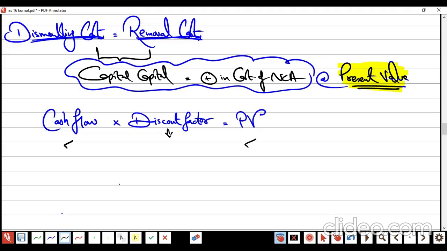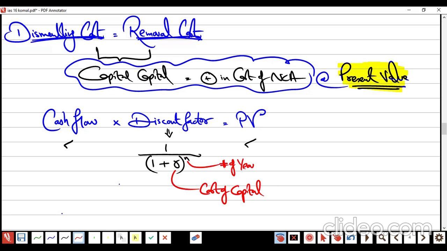How to calculate it? The formula is 1 over (1 plus r) to the power n. R is the cost of capital, or any rate of interest; it will be given. And n means the number of years. So that is the discount factor formula. Any problem? No. Okay.